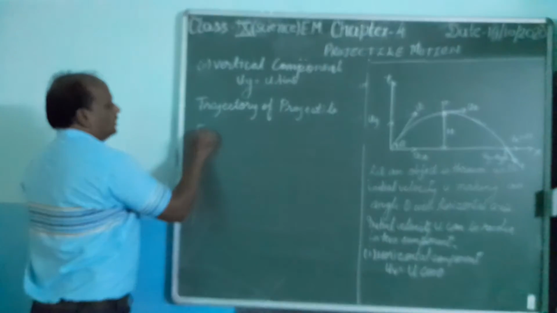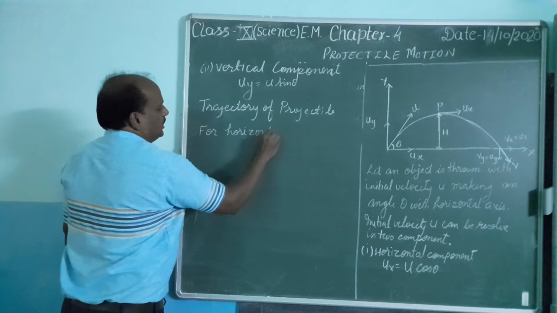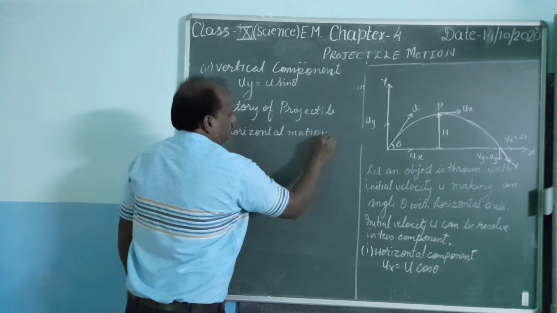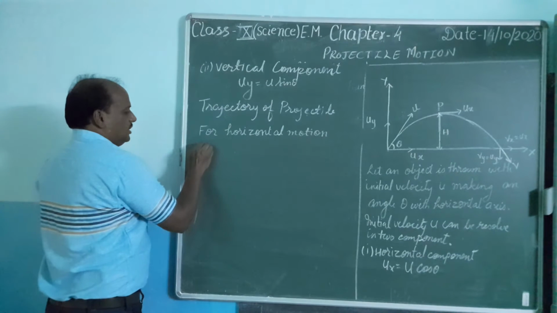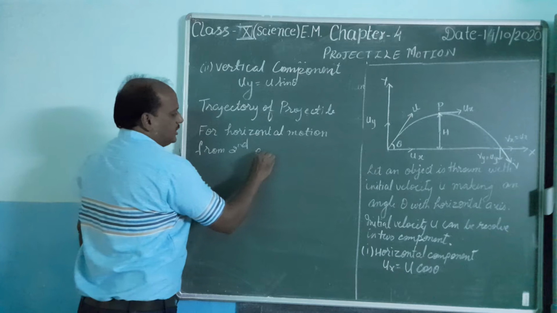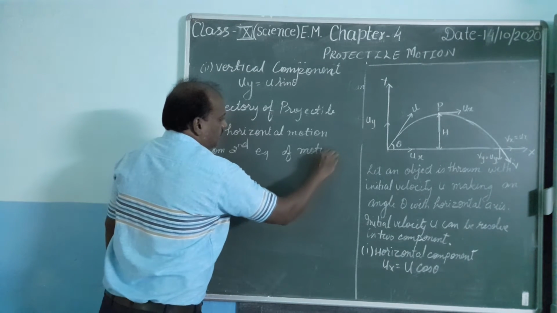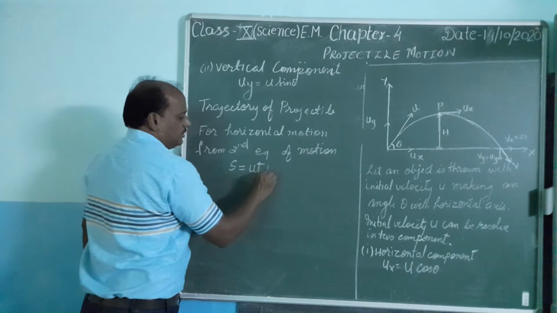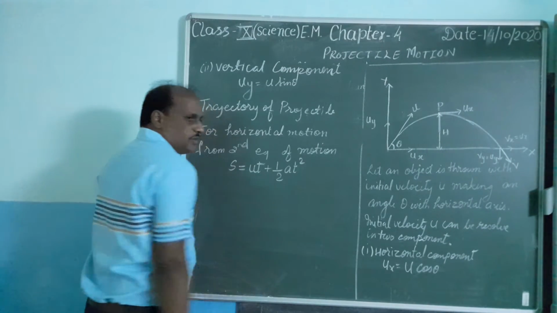From the second equation of motion, s equals ut plus half at square.